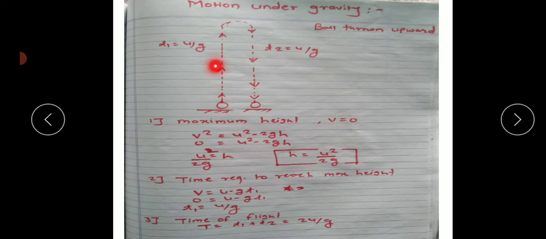Next, considering the downward motion, you are supposed to find v and t2. As air resistance is 0, the initial velocity must be equal to the final velocity. It is to be proven. V square is equal to u square plus 2gh. V is the final velocity, but u is equal to 0, as we are considering this downward motion, starting its journey from 0 velocity up to the last second.